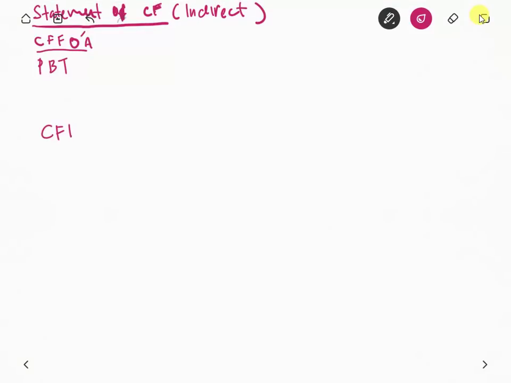I explain cash flow from investing first. Operating later. So investing, if you look at the notes, you have purchase of property, plant, and equipment. In or outflow? Outflow. I buy. Not because more asset, inflow.